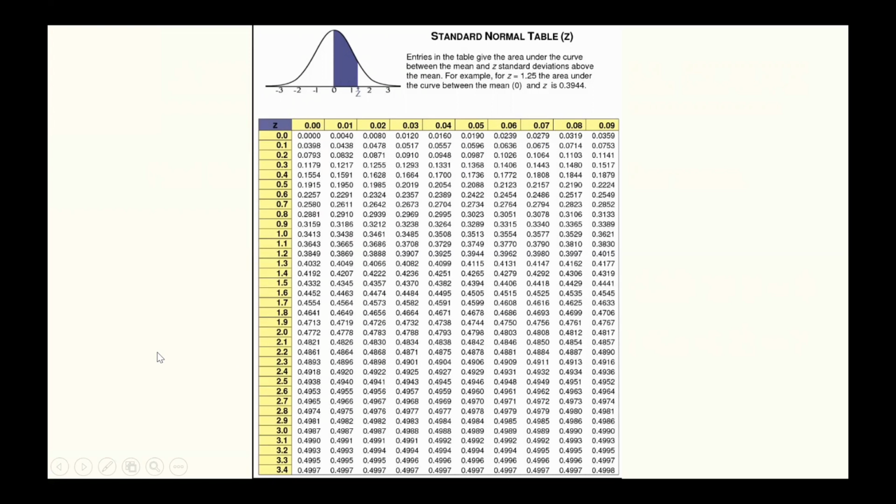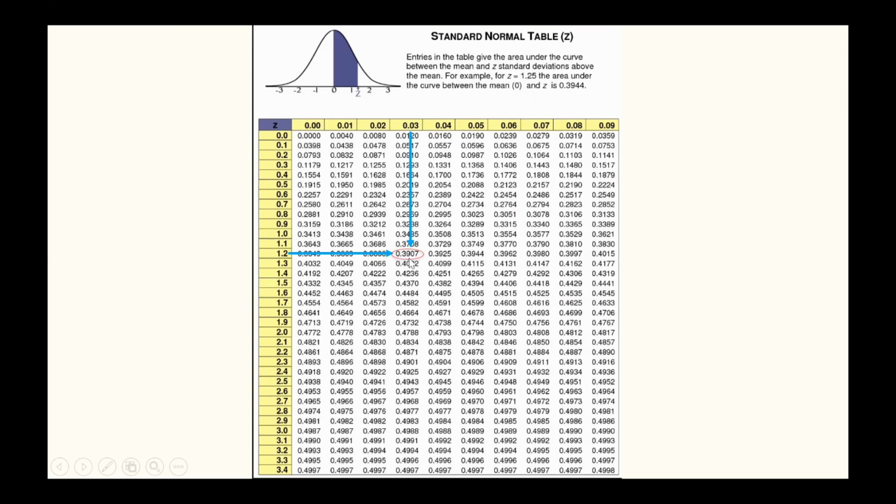So in the first column, you're going to identify the first two digits of 1.23, that is 1.2. And then the last digit is 3. On the first row, that is 0.03. Get the intersection, the area of z equals negative 1.23 up to 0, that is 0.3907.